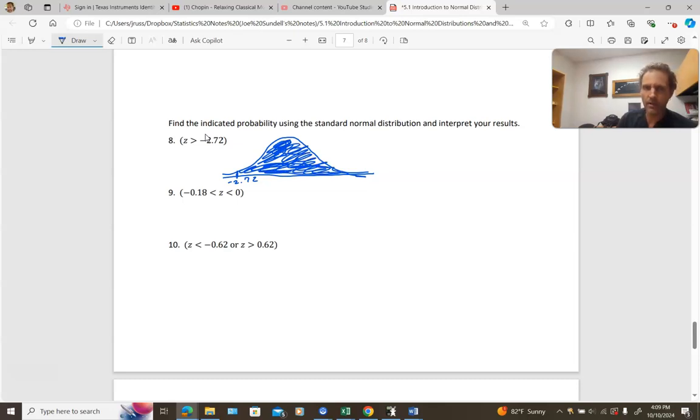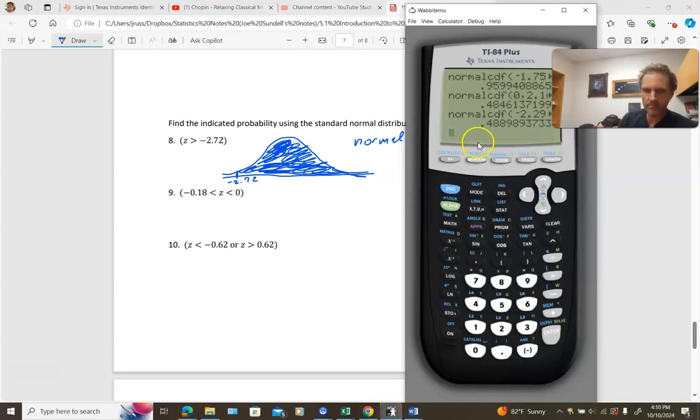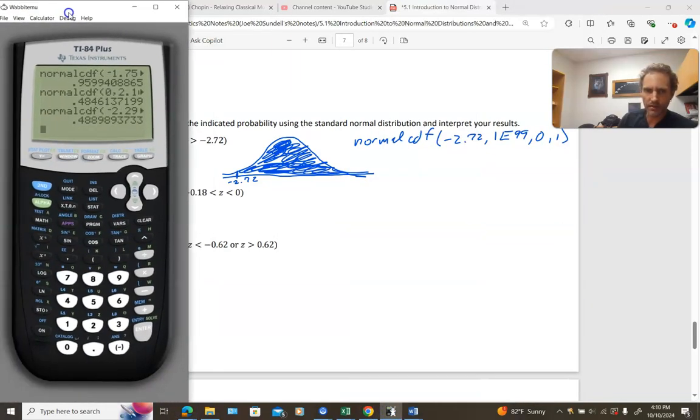Okay. Now we can do this in our calculators as well. We can do the normal CDF. The lower bound, though, is the -2.72. The upper bound will be the 1e to the positive 99, and then you're going to keep these parameters the same. Okay. And you just put this into your calculator.